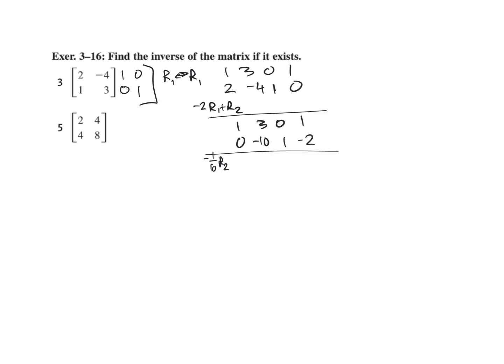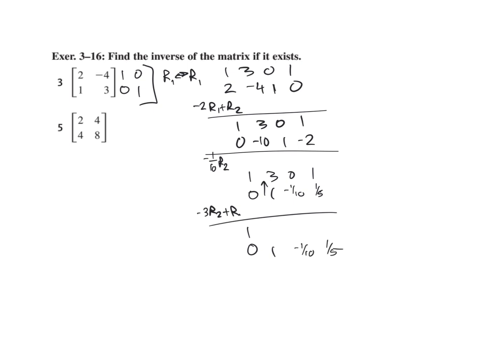So what do we get here? We're going to get, again, 1, 3, 0, 1, and 0, positive 1, negative 1/10, and positive 2/10, which is 1/5. Okay, now I need to get the 3 to be a 0, so negative 3 times row 2 plus row 1. Row 2 is staying the same here.